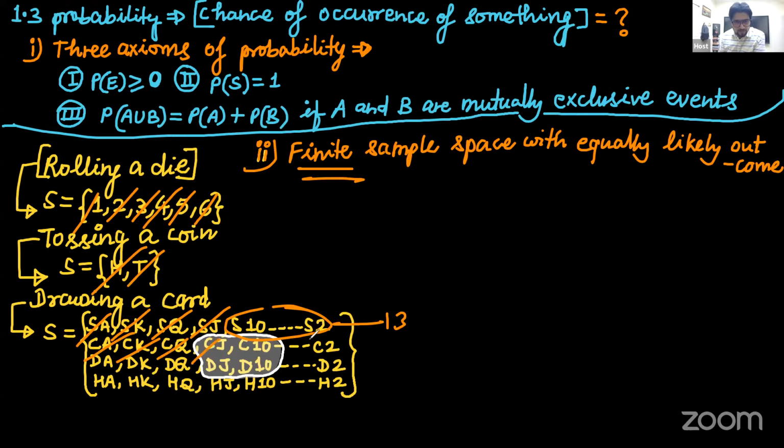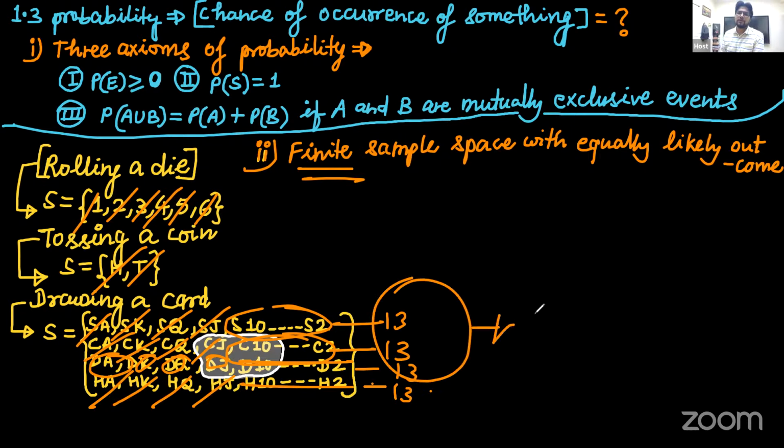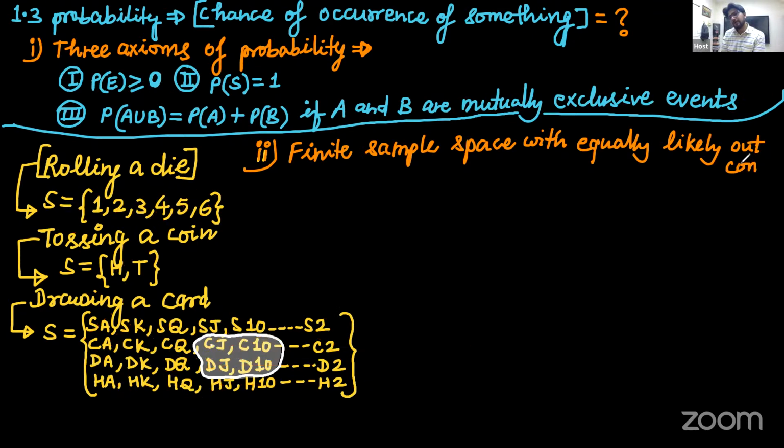And you have 52 total elements. These are the examples of finite sample spaces with equally likely outcomes.